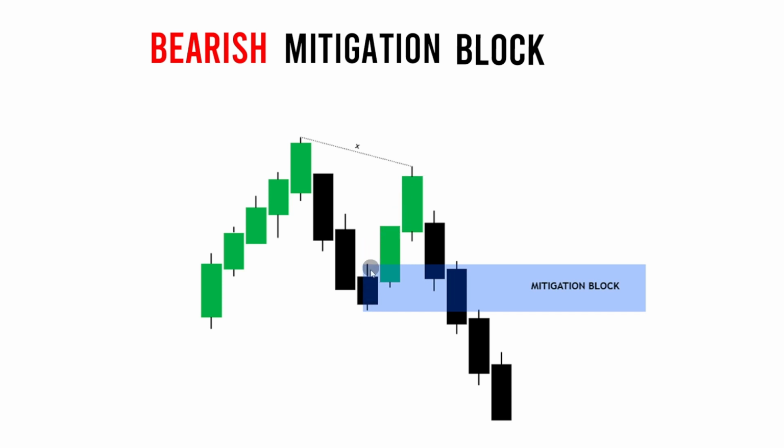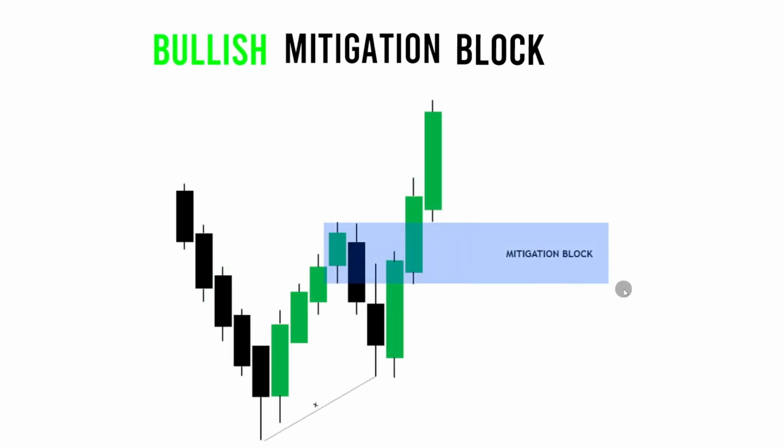That will be this one, right? And then the last down close candle is your bearish mitigation block. So this right here would be our mitigation block. And remember that when you look for bearish PD arrays, you would always want to look for them in premium, because we always want to sell in premium and buy in discount.